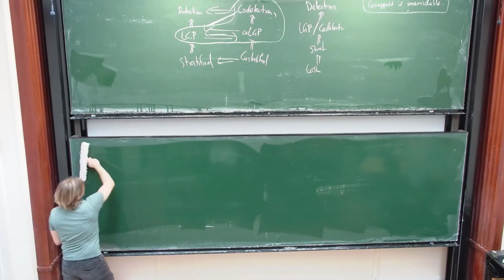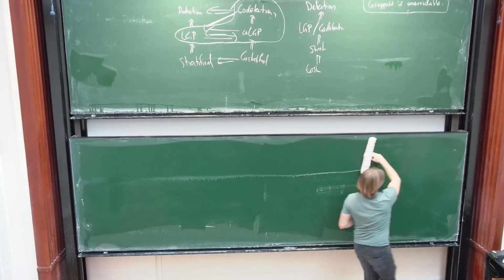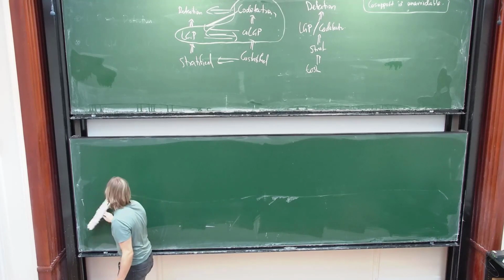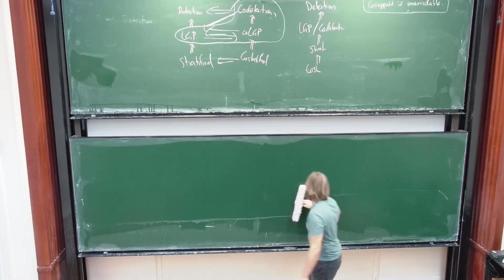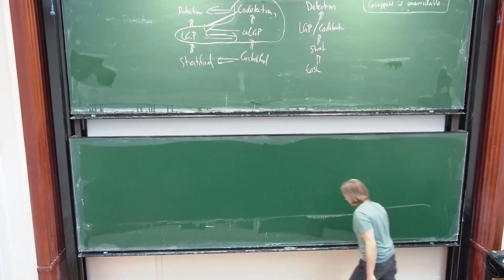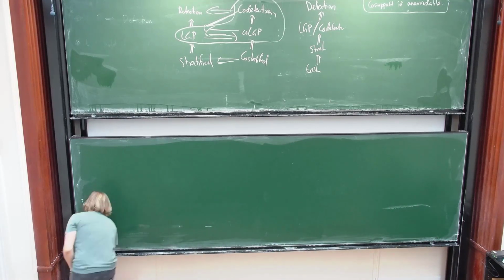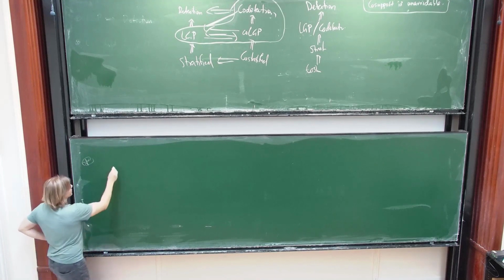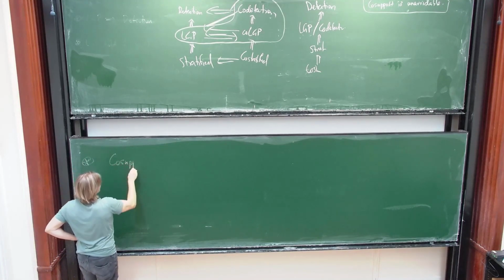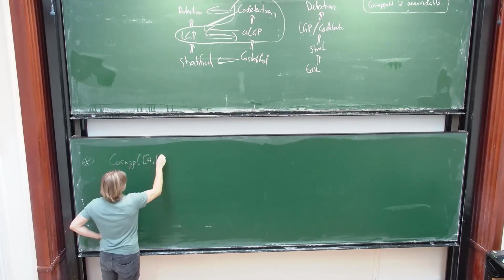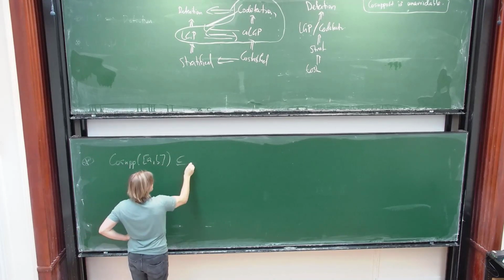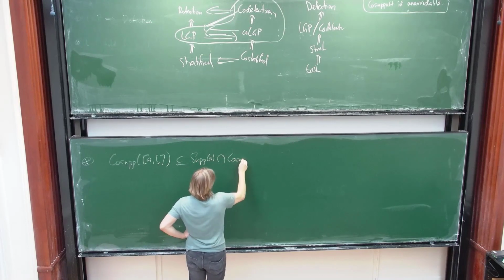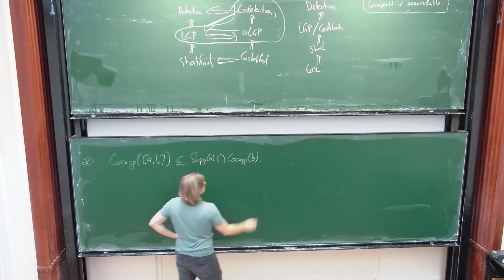So if you take the cosupport of the internal hom of two objects, that is contained in the support of the first object intersected with the cosupport of the second object.